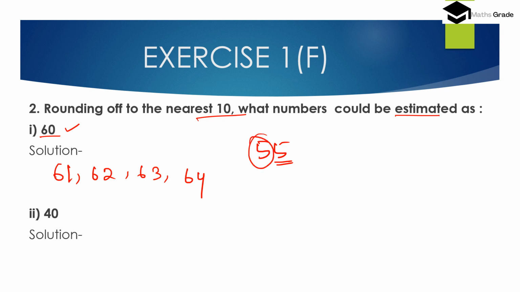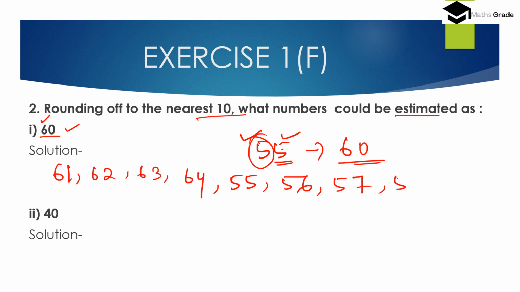This 5 changes to 5 plus 1, which is 6, and the unit place digit 5 changes to 0. So 55 rounded to the nearest 10 is 60. So it will be 55, then 56, 57, 58 and 59.